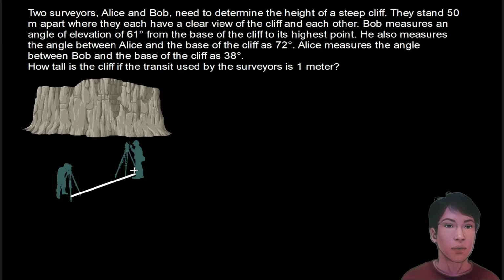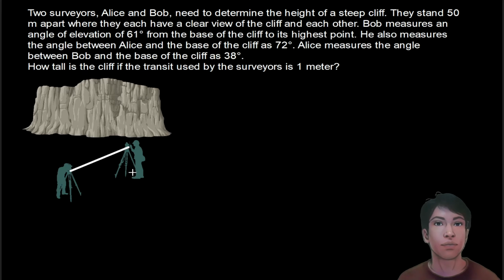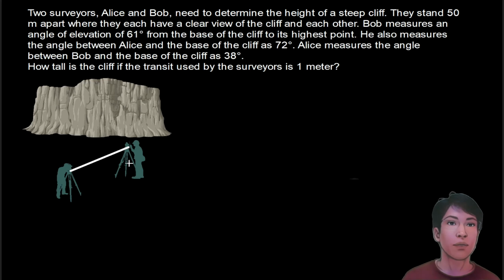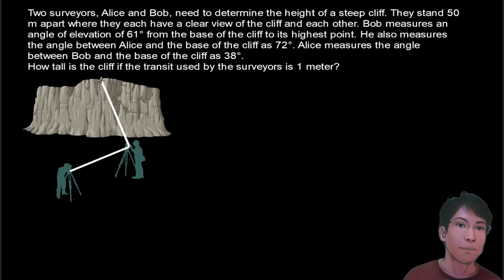From the transit, 50 meters from each other, the surveyor measures the angle of elevation from the base of the cliff to the highest point, from here to here. Then this is your drop line. Then from here, from the base of the cliff.